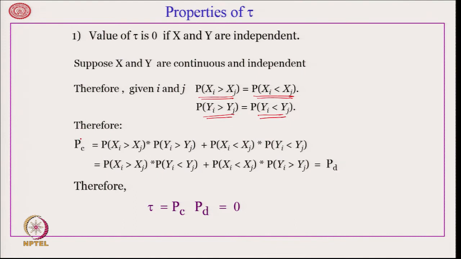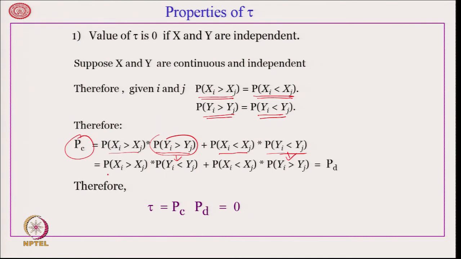Therefore, probability of concordance is equal to probability x_i greater than x_j multiplied by probability y_i greater than y_j, plus probability x_i less than x_j multiplied by probability y_i less than y_j. Now, because of this equality, we can write this as probability y_i less than y_j, and similarly this as probability y_i greater than y_j.